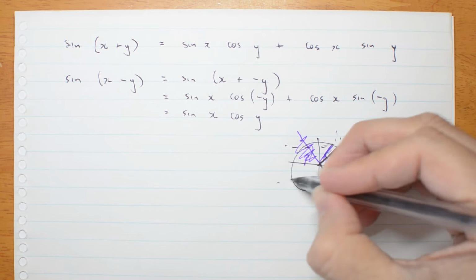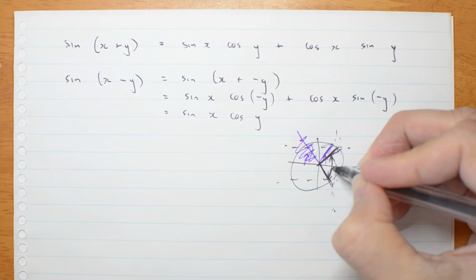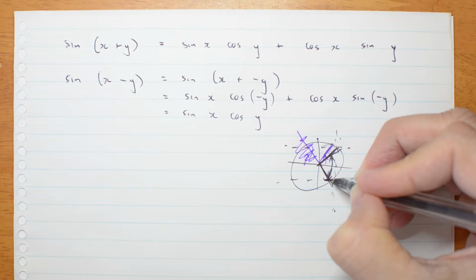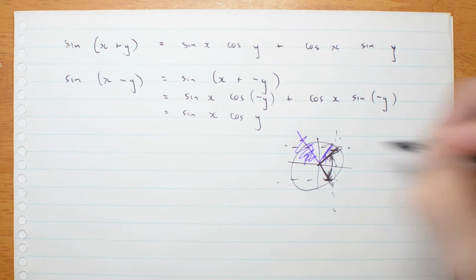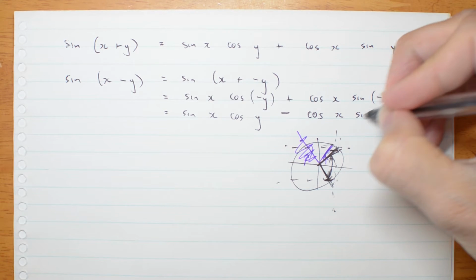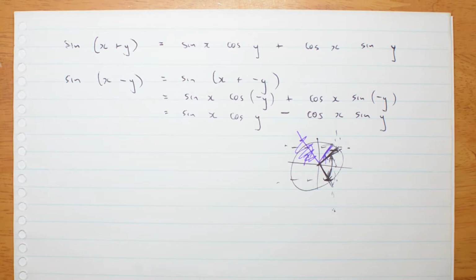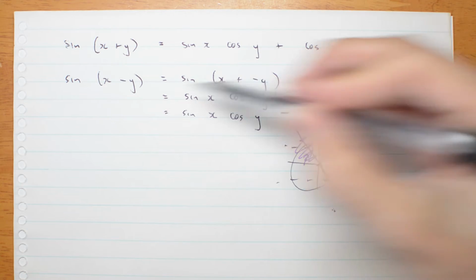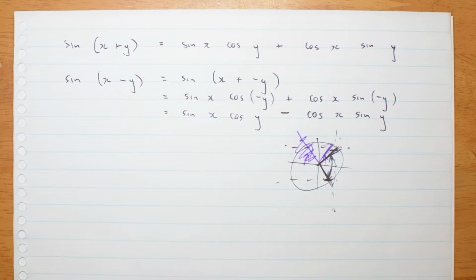So sine of negative y down here is negative of sine of y. So that makes it minus cos x sine y. So that's the angle sum, and that's the angle difference for sine.